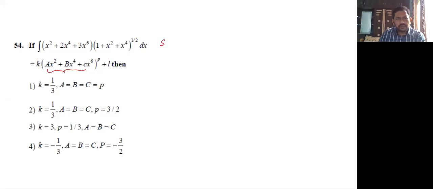So I am doing it like this. In the first term, I am going to take x common. What will remain? x plus 2x cube plus 3x power 5, into 1 plus x square plus x power 4 whole power 1 by 2 dx.